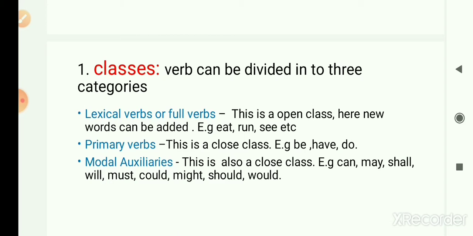Examples for lexical verbs: eat, run, see, etc. For primary verb, this is a closed class as I have already mentioned. Few examples: be, have, do. Modal auxiliary is also a closed class. Few examples: can, may, shall, will, must, could, might, should, would.